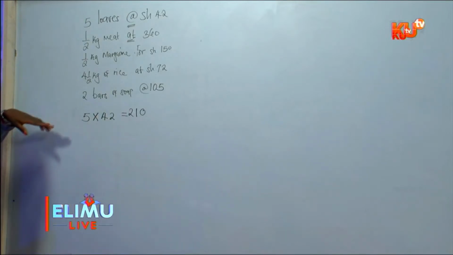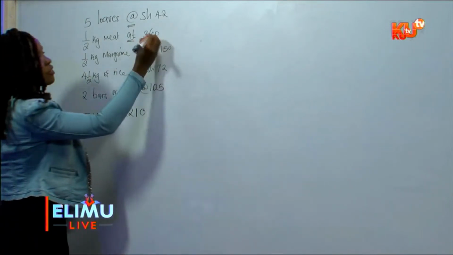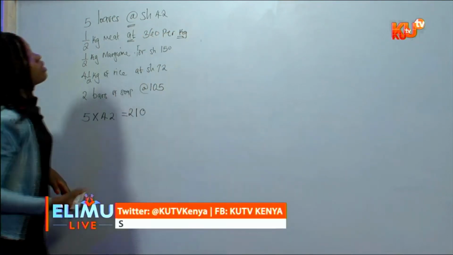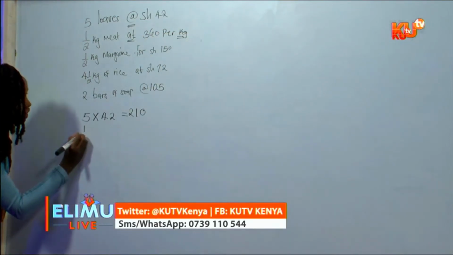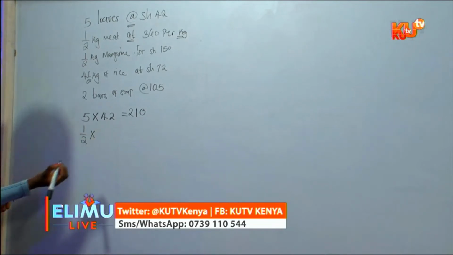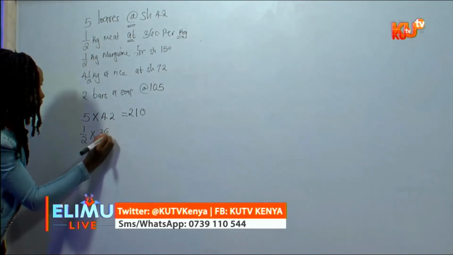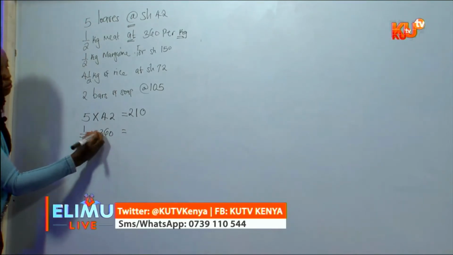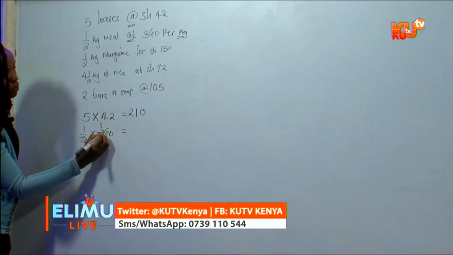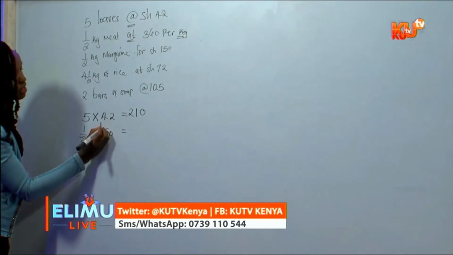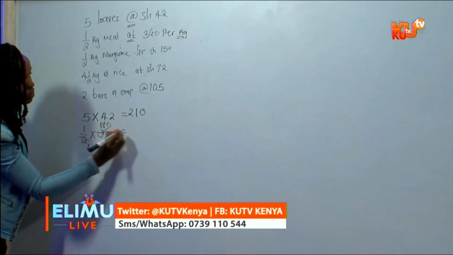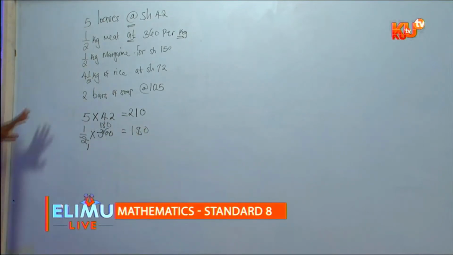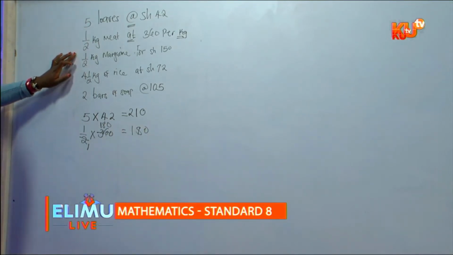Then we have a half kg of meat at 360, the cost of 1 kg. That is each item, because it is 360 per kg. So we are going to take a half times 360. 2 into 36 is 18, so we get 180 shillings, which is the cost of a half kg of meat.